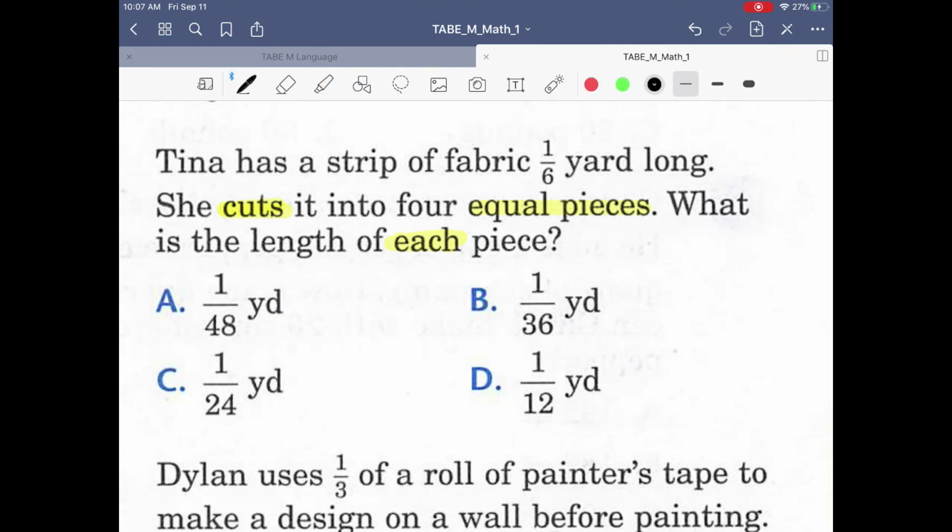So we're going to take that 1/6 of a yard, that's the whole, and we're going to divide that into 4 equal parts. So 1/6 times 1/4 gives us 1/24. Answer to number 14 is C, a 1/24 of a yard.